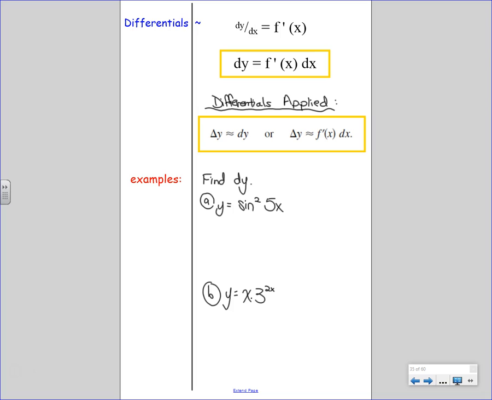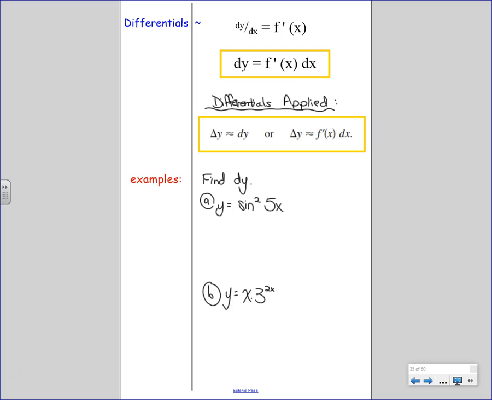Like, how far off an approximation is from an exact value? And what do we say how far off is measured in? You guys should know from science classes and labs. Yeah, error. Good. So delta y can approximate error, which can be very helpful. But first of all, dy, super easy stuff, right guys?